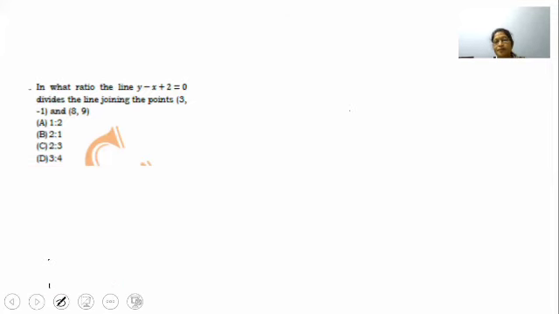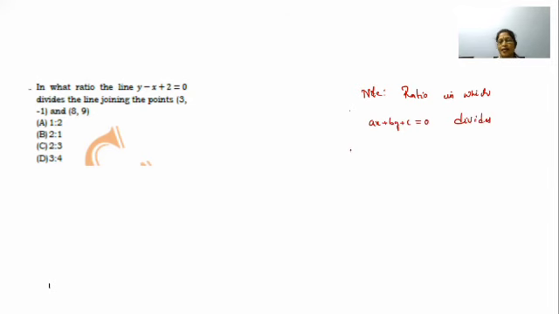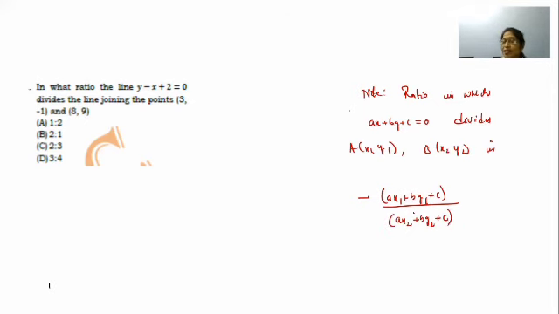The ratio in which the line ax plus by plus c is equal to 0 divides the line joining (x1, y1) and (x2, y2) is minus (ax1 plus by1 plus c) divided by (ax2 plus by2 plus c). All right. This is the short method you need to remember.